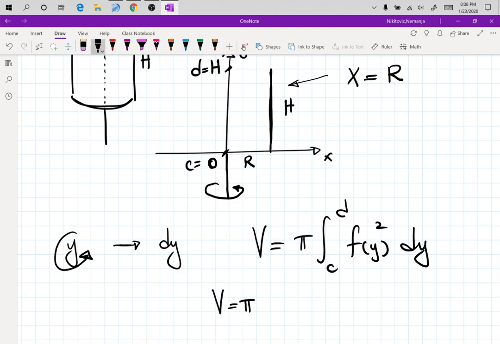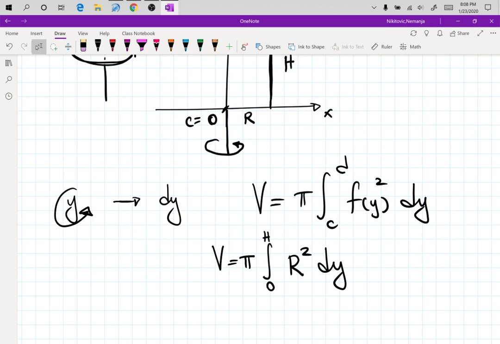We already, copy pi. We already agreed that c is 0, d is capital H. My f of y is just r squared, and then I have dy. We agree that r is the radius, right? Good. So pi r squared is constant, and all I need to integrate from 0 to h is dy.